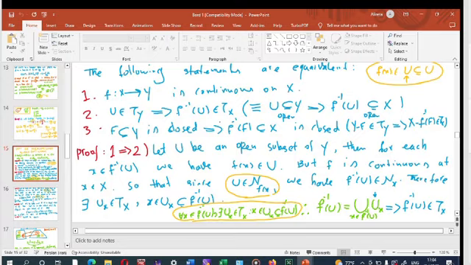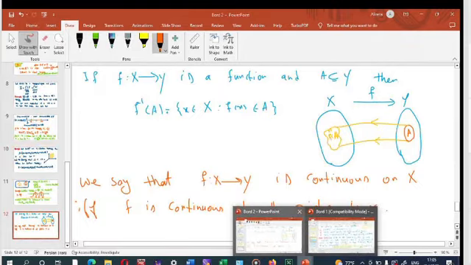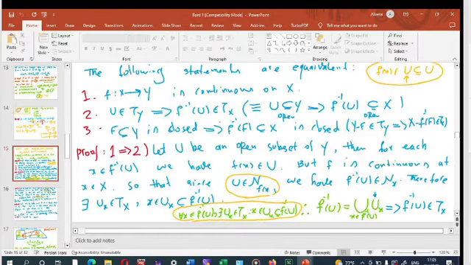For example, 1 implies 2. Let U be an open subset of Y. We must prove that this inverse image is an open subset of X. Then for each x in this set, we have f of x belongs to U. But f is continuous at x.